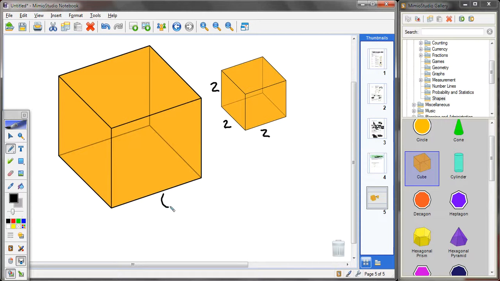Let's say that I say that this is 6 by 6 by 6. Now if I just look at the lengths right here, how many times bigger is each length? 3. 3, okay? So what we do is we say there's a side ratio. For every 6 units of length here in the bigger one, there are how many units of length over here? So really the lengths are how many times longer?